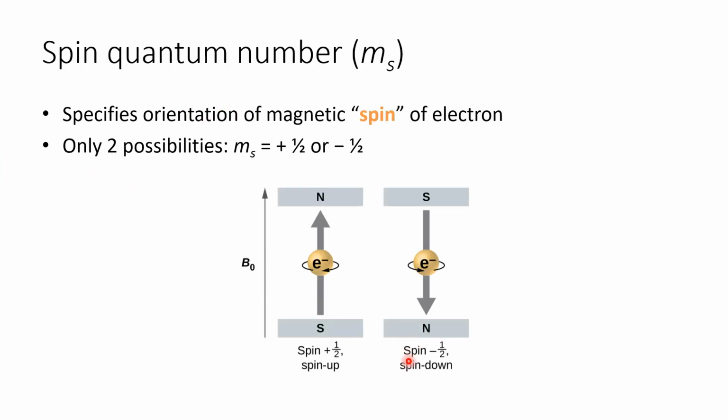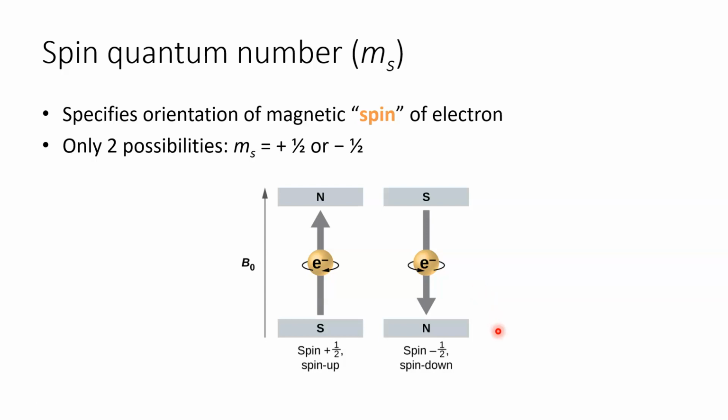The spin quantum number. This specifies the orientation of magnetic spin of the electron. There's two possibilities: positive half and negative half. Okay, so the electron can spin up or spin down. And we're not really going to go into detail about what spin is. It's actually a really complicated concept, but when we talk about where the electrons live, or the address of the electron, this spin will become really important for designating where they go.